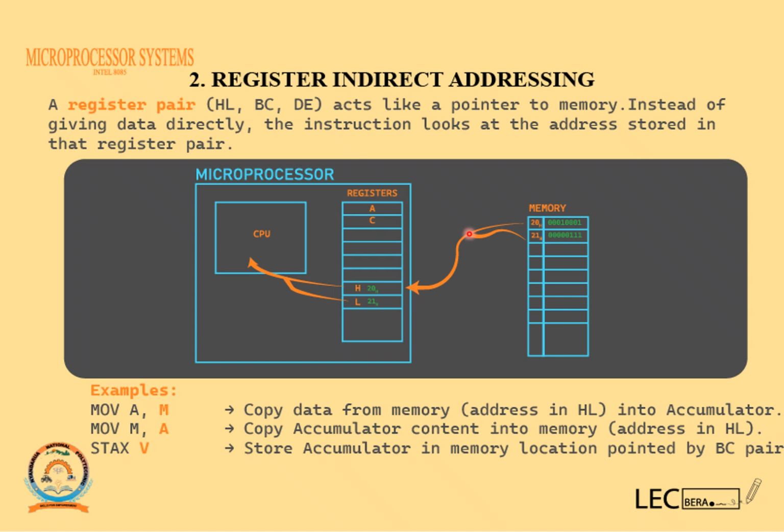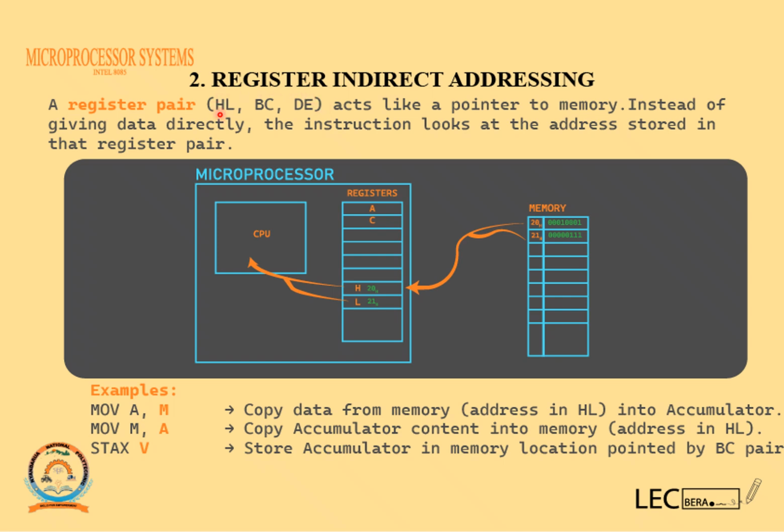So if I have more than 8-bit data, let's say 16-bit data, I have to pair two registers for them to hold that data. And this is normally how we pair these registers. We can either pair HL together, BC together, or DE together. So these are the only pairs which we have.